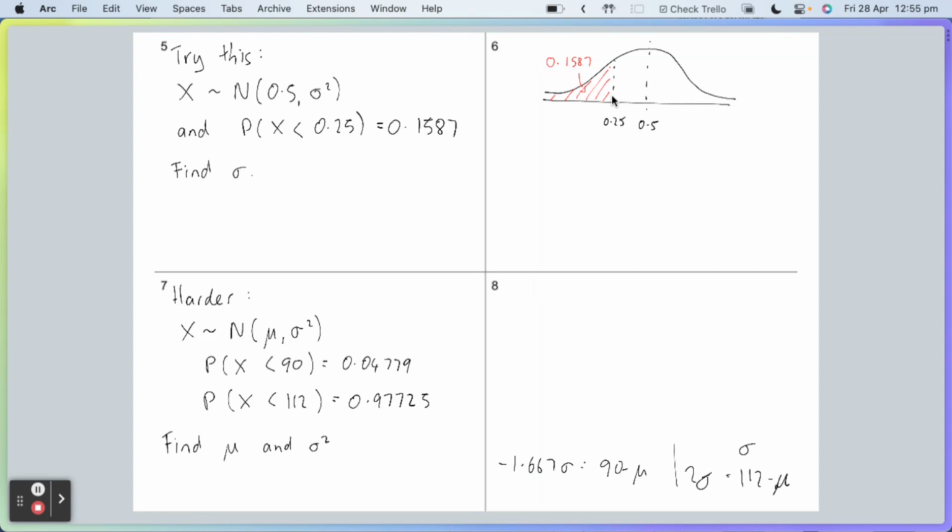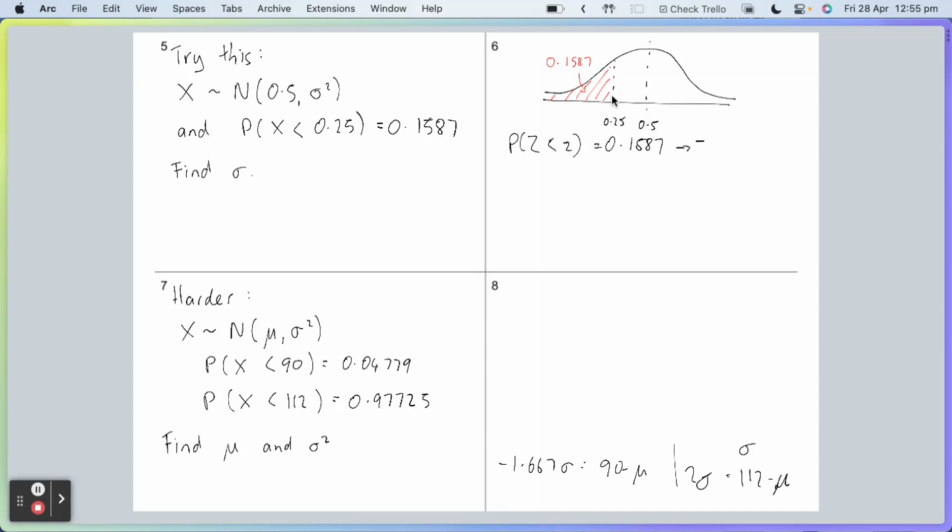So what I'm going to do now is work out step one, which is what is the corresponding Z value. So I take the probability of the standard normal, Z less than little z, equals 0.1587. So same area, but now I'm looking for the corresponding Z value.